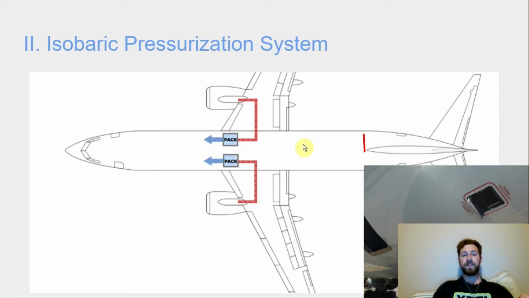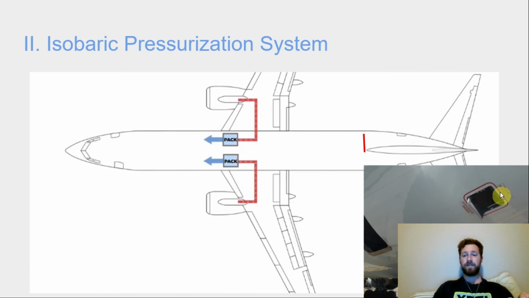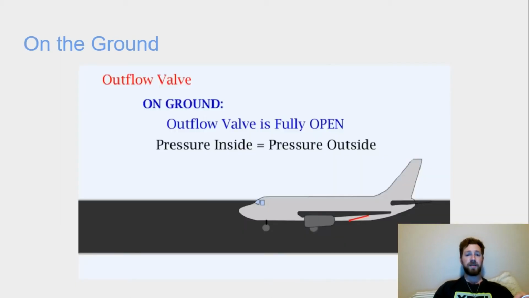It regulates the differential between the pressure inside of the plane versus the pressure outside of the plane. And here's a picture of what that looks like on a 747. This is that valve, so it'll open and close on different parts of the flight, and we'll talk about that outflow valve and how it functions and what position it's in on different parts of the flight.